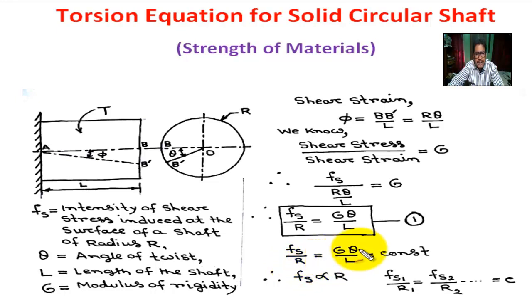Since for a particular shaft G theta by L is constant, we can say Fs is proportional to R. Shear stress at any point on the cross section is directly proportional to the distance of the point from the center of the shaft.